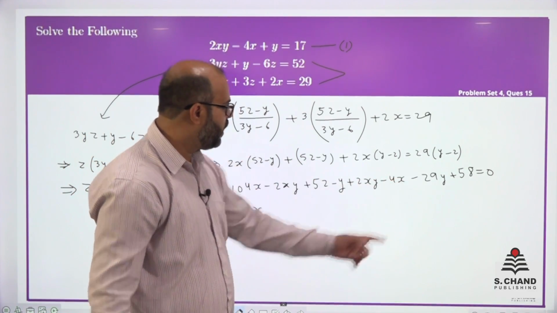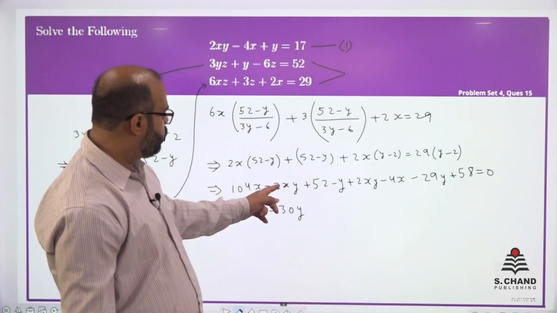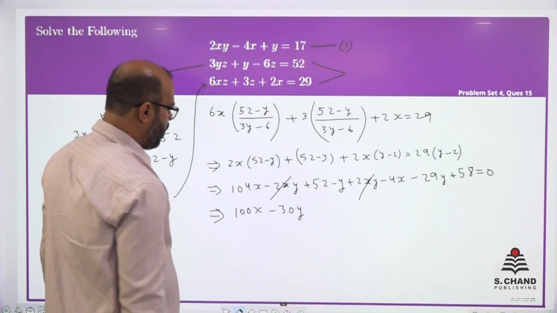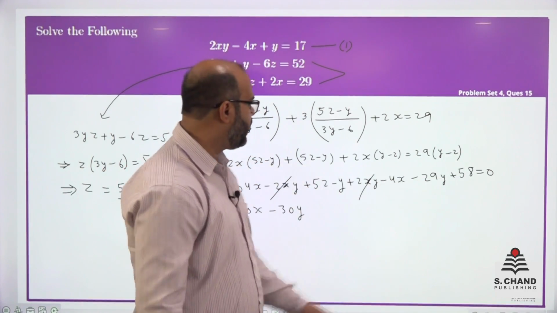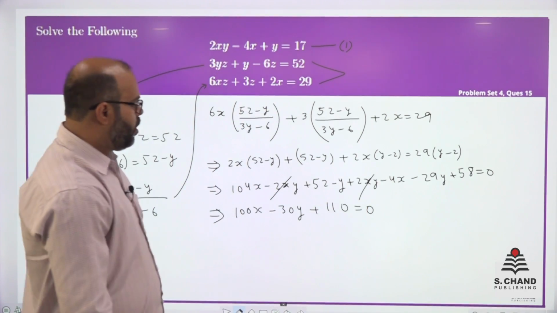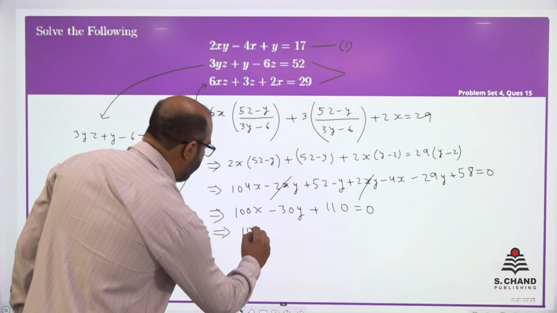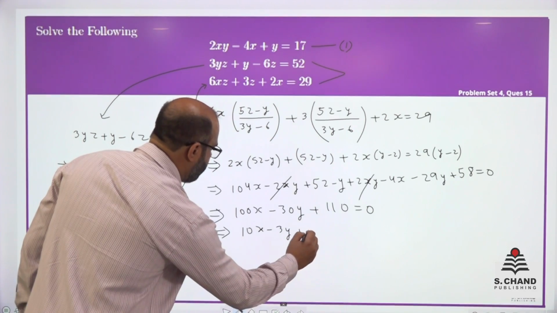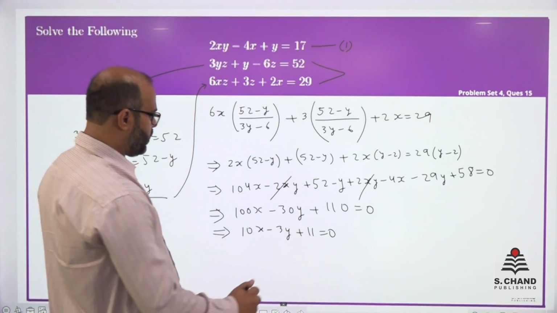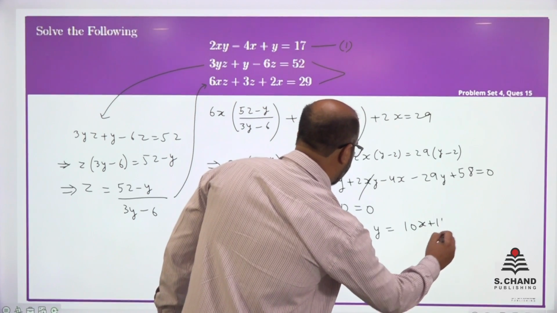Minus y from here, minus 29y from here, minus 30y. xy: minus 2xy from here plus 2xy from here, it will get cancelled. Constant 52 plus 58, that will be 110 is equal to 0. So, on simplifying further, we can divide by 10. So, this will become 10x minus 3y plus 11 is equal to 0. From here, now we can express y in terms of x. So, y is equal to 10x plus 11 upon 3.